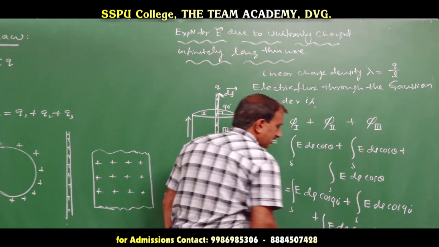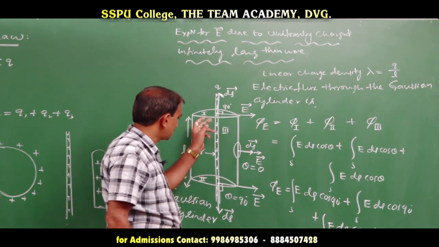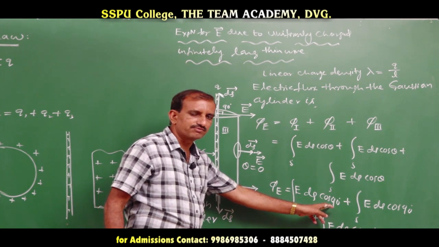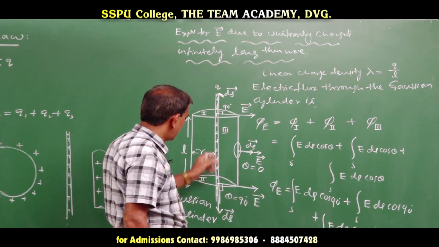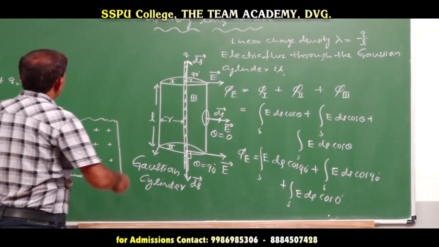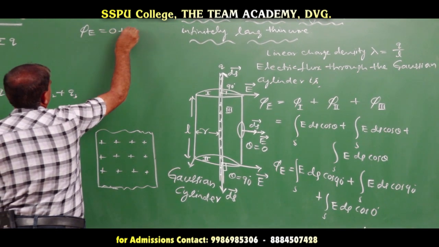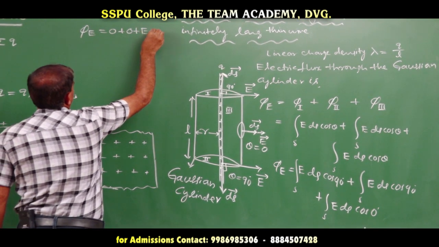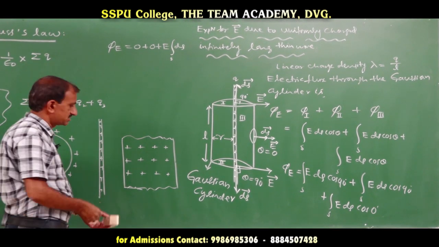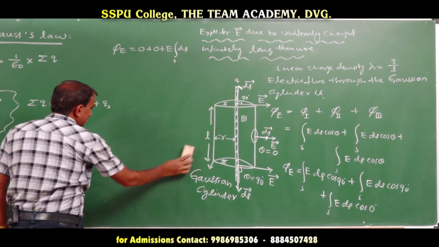The electric flux through the first end cap and the second end cap is 0, since theta equals 90 degrees. Therefore, the total electric flux phi E is equal to 0 plus 0 plus the surface integral E ds. Now, what is the surface integral ds?